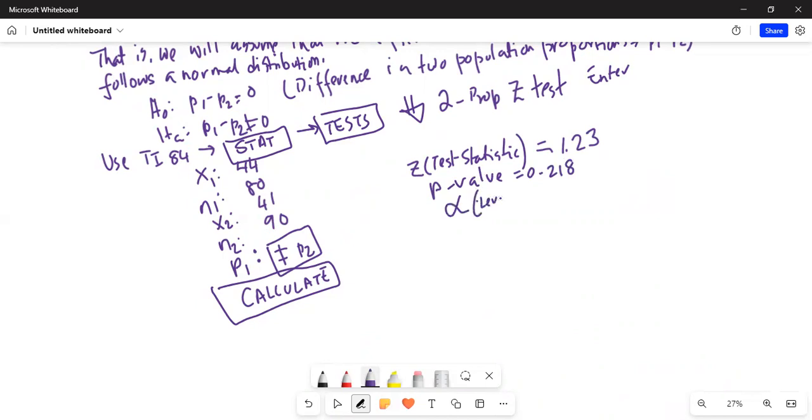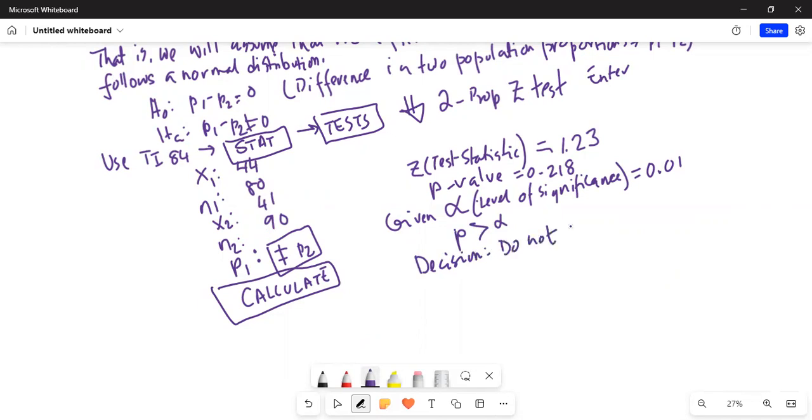This is level of significance. This is given to us. Level of significance is 0.01. So P is greater than alpha. Decision: do not reject H0.